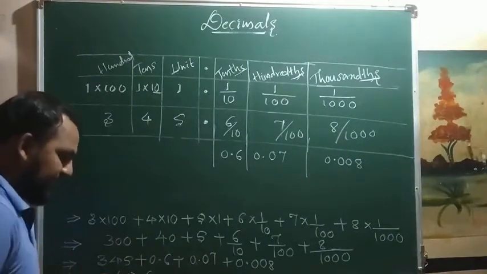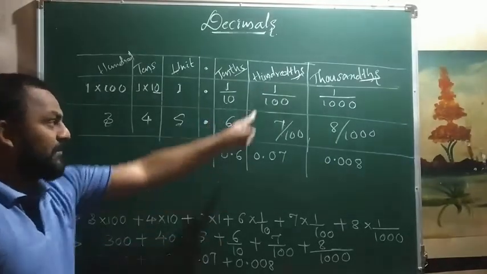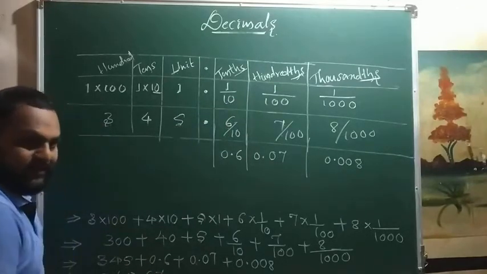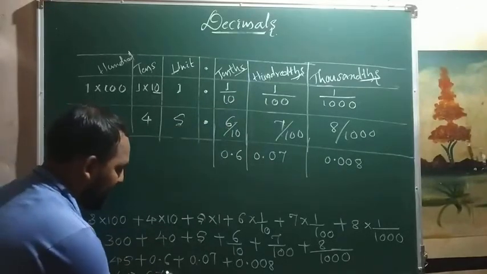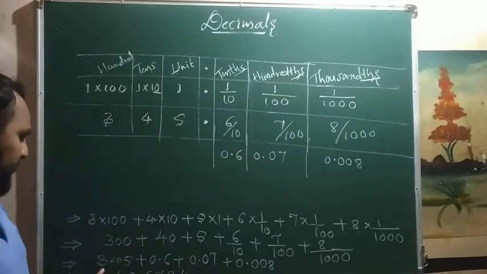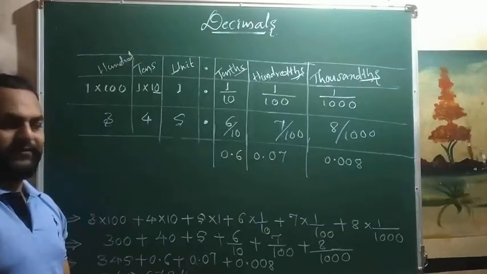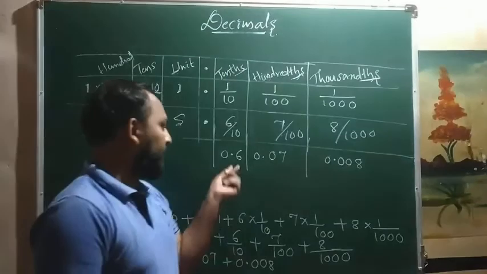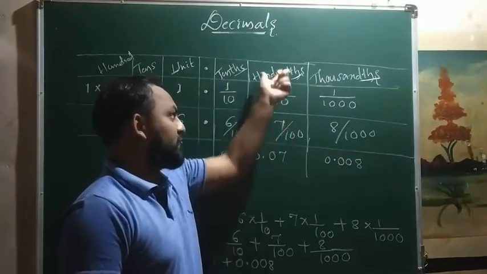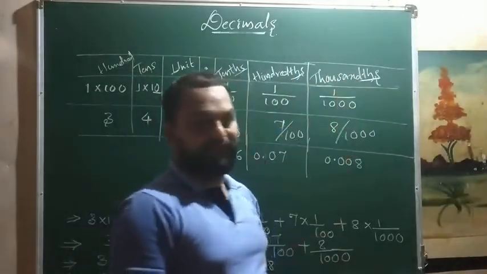345.6: the 6 in the place of tens, 7 in the place of hundreds, then 8 in the place of thousands.